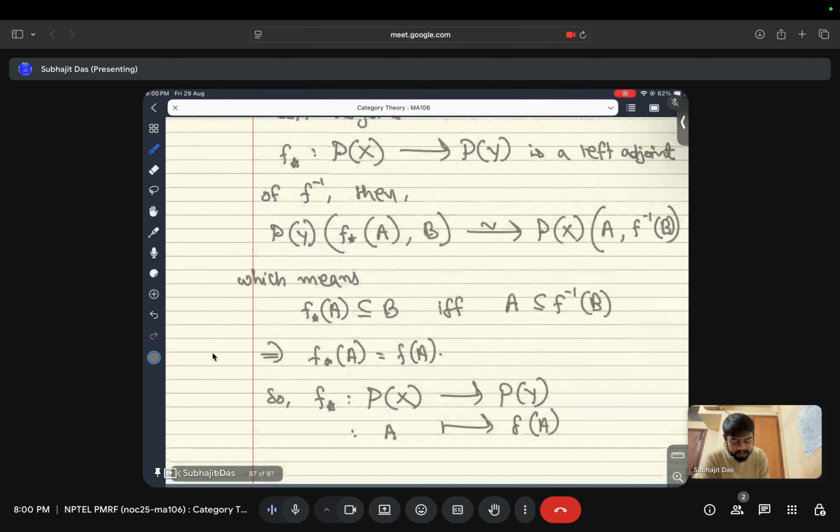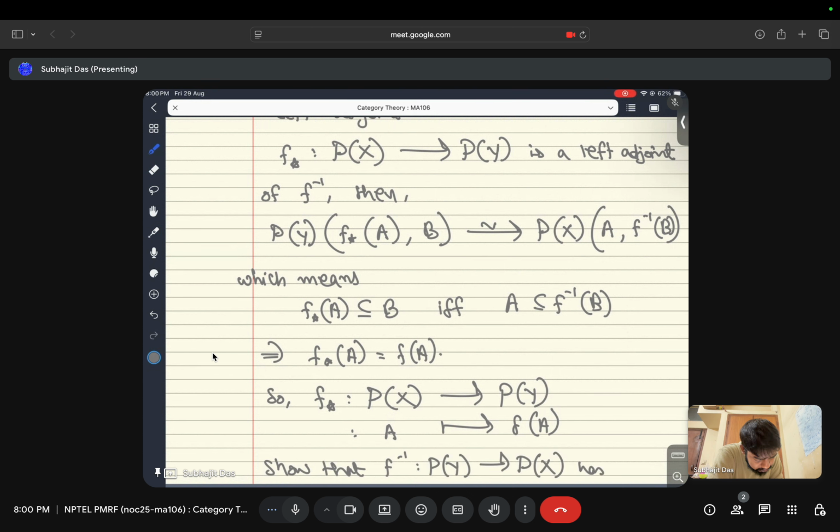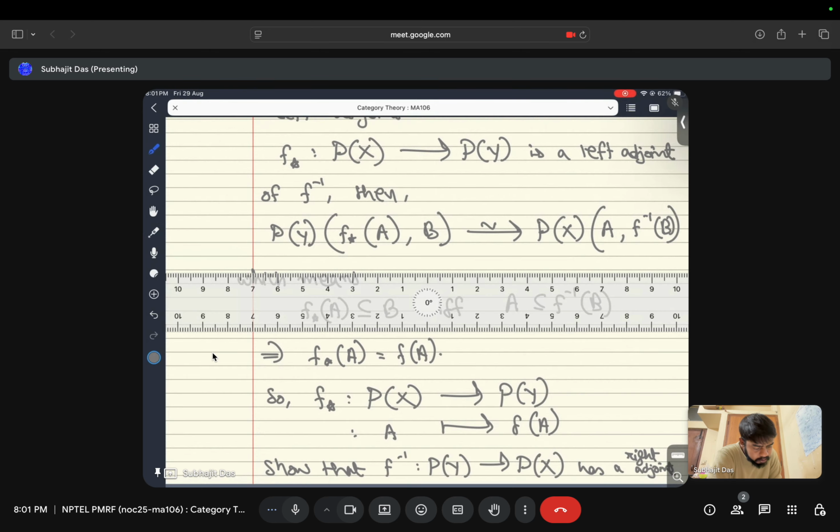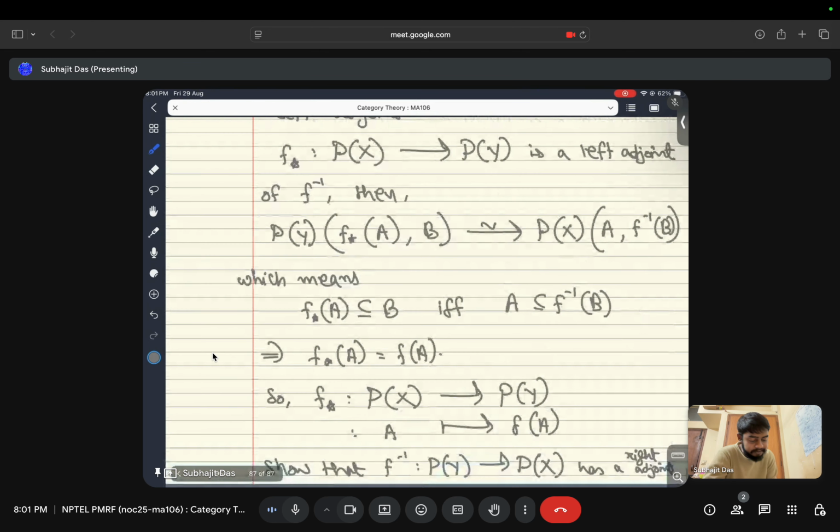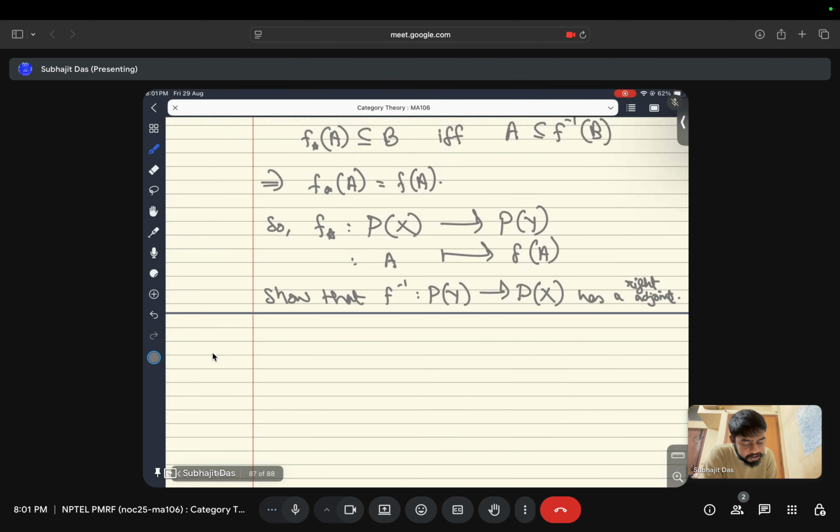So I would leave the next part: finish the right adjoint part, or rather show that your functor f inverse from py to px that we had has a right adjoint. So in other words, you basically have two adjunctions. This is px, this is py.